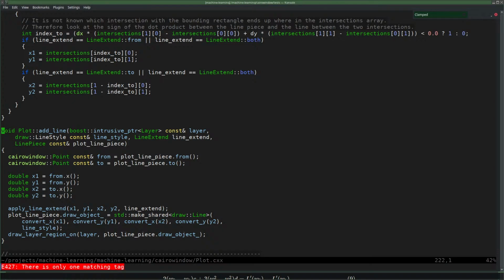That's a line piece, another line piece. And what the F? Layer, line style, line extend. This doesn't even have a... what?